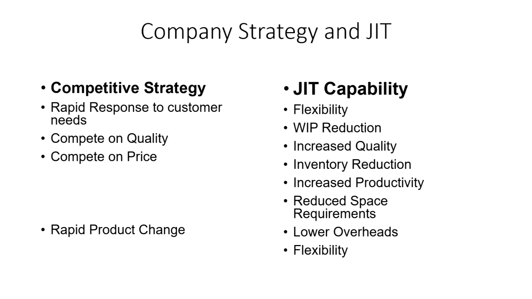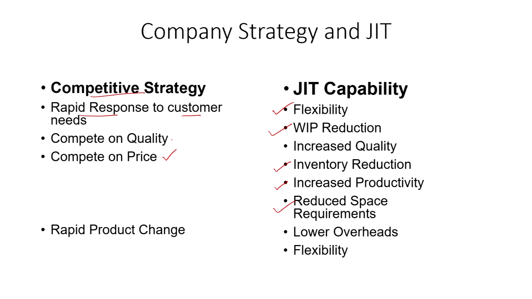So, coming to the conclusion of the JIT philosophy, JIT philosophy is very much matching with the competitive strategy also. The competitive strategy is rapid response to customer needs, and this is provided with the help of flexibility, with the help of WIP reduction. Then you are competing on price also, which comes through work in process reduction, inventory reduction, and by increasing productivity and reducing space requirement.